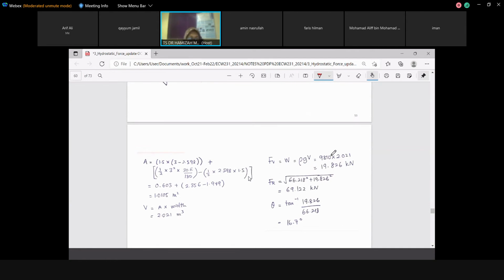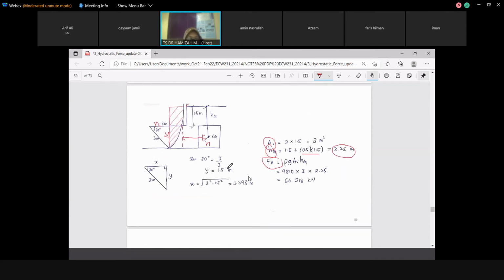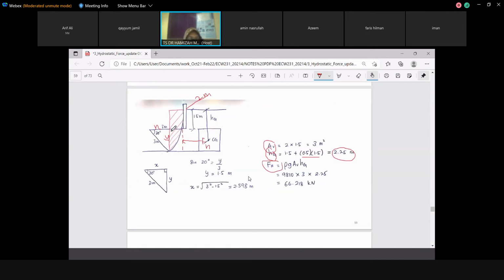Okay, for vertical, we should calculate the area, total area first. So the area here is the segment ni, the first one. Okay, how we get this one? Macam nak dapat luas segmen ni? We can calculate luas sektor.